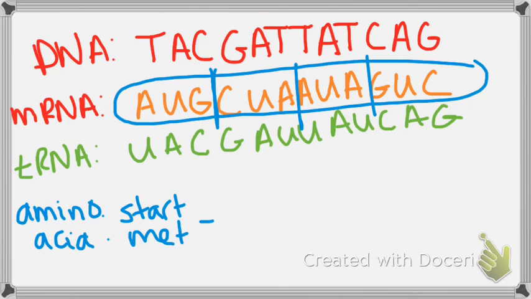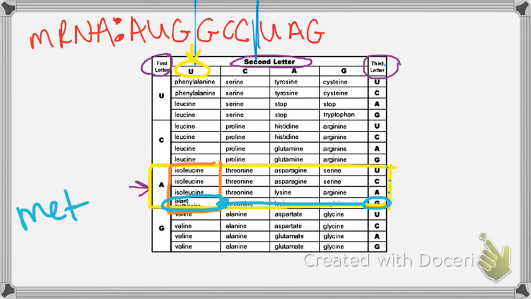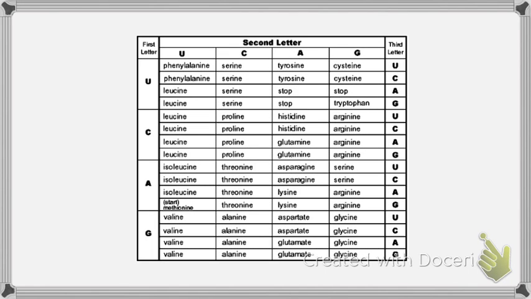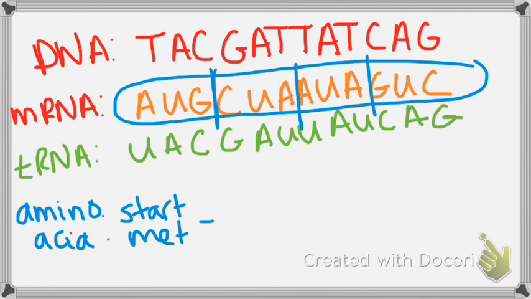CUA, so let's look back over here. We have C, U, A. So C and U intersect in this box, and A is going to be here. So our next one is going to be leucine.